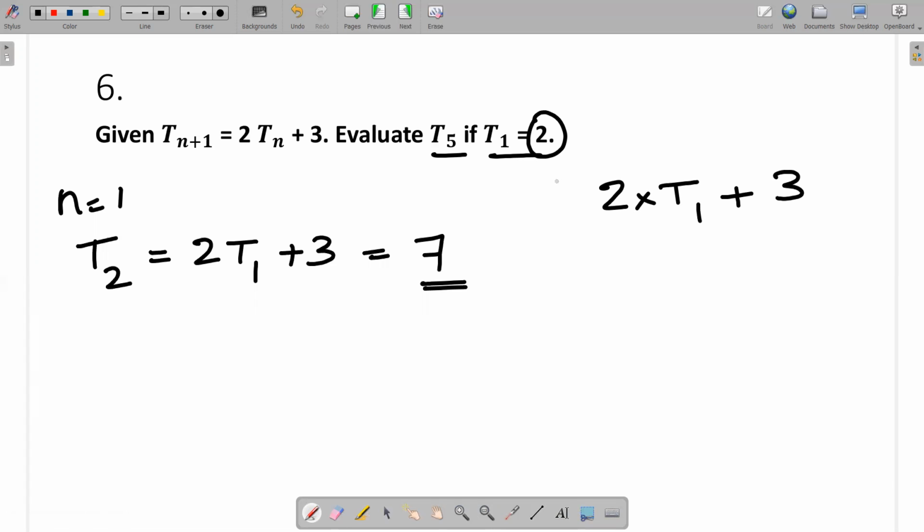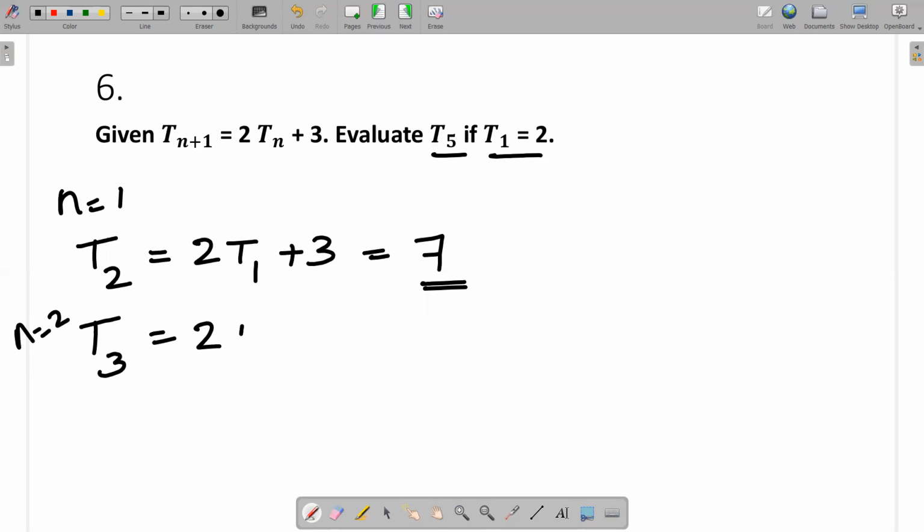So 2 into 2, 4. 4 plus 3 is equal to 7. That is what you are getting here. Using this logic, I can now very well say that when I put n equal to 2, I will get T3 equal to 2T2 plus 3.